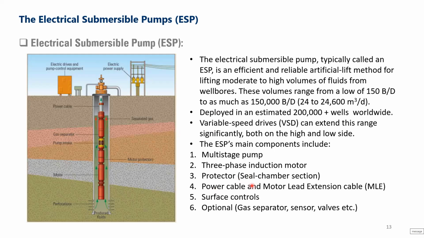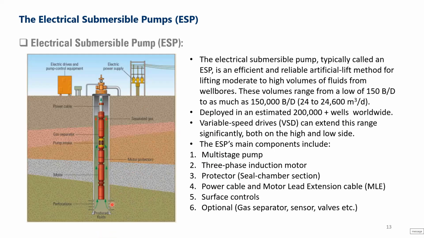The main components of an ESP system, as in this picture here. First of all, if I go from the bottom, an ESP system will have a sensor for data acquisition. It's very important. The customer would like to know what the readings of the downhole are in terms of pressures, in terms of temperature.